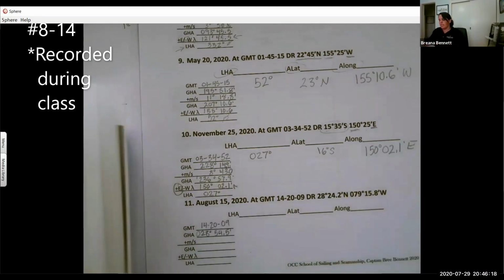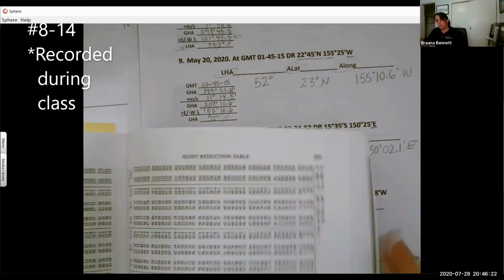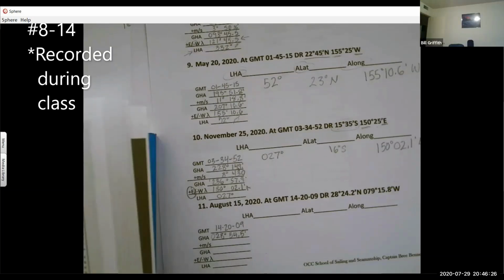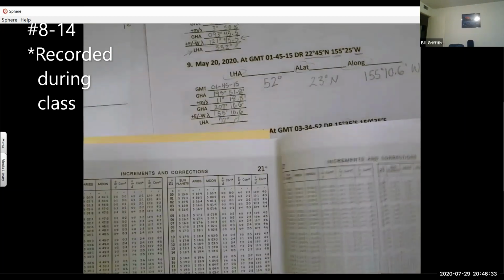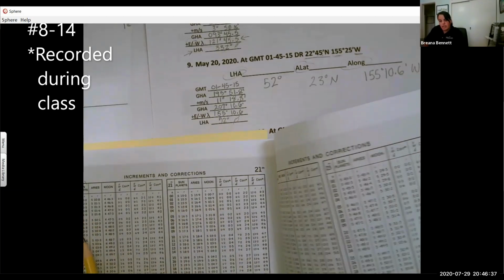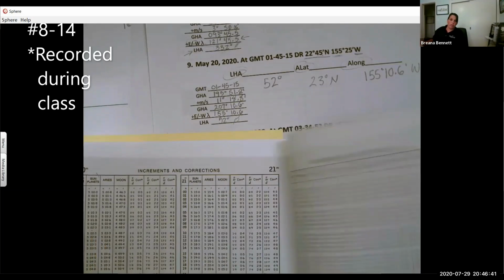Then we go to minutes and seconds. We find 20.09 gives us 502.3.